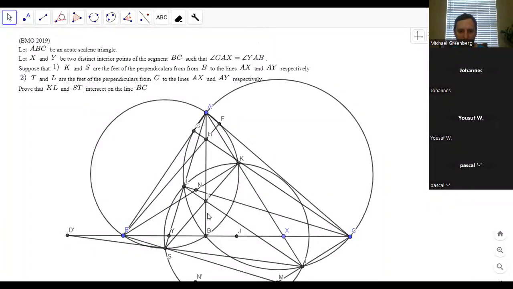With respect to what angle? I'm guessing maybe AIB is what he's saying. So maybe angle NIA. Yeah, with respect to angle I.